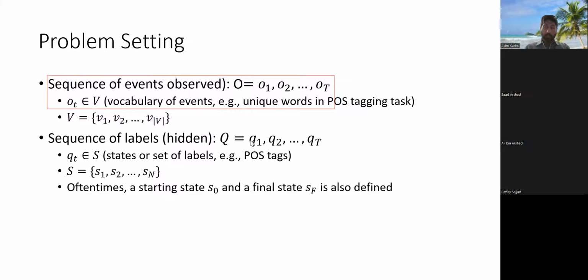So we have a sequence of events, in this case, a sequence of words that appear in running text. We call them events, maybe in general, and of course, these are observed. We denote this with the capital O. So capital O is a sequence from O1 to OT, where T is the total length of the sequence.